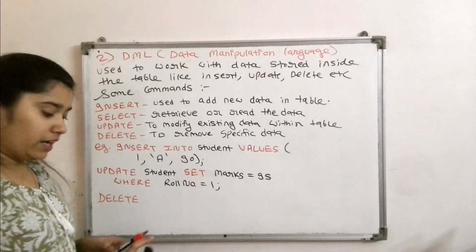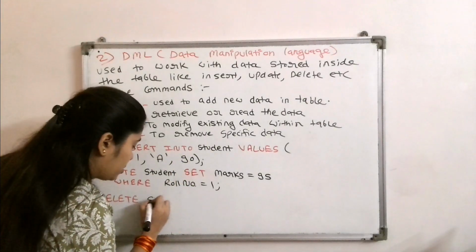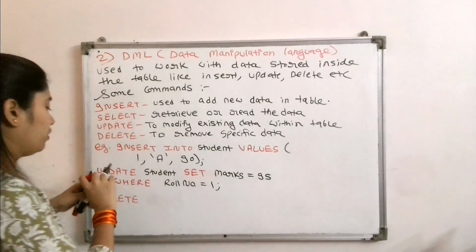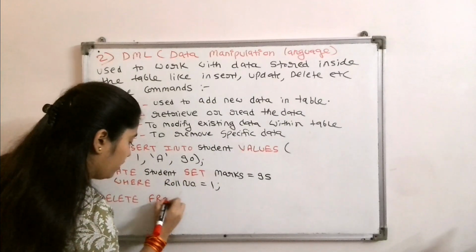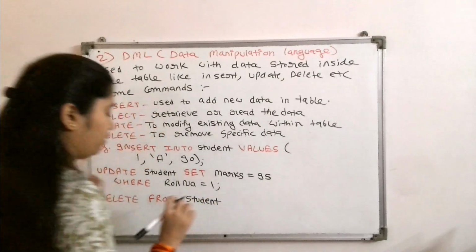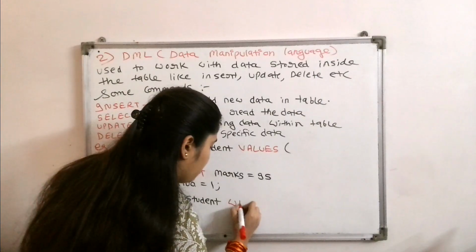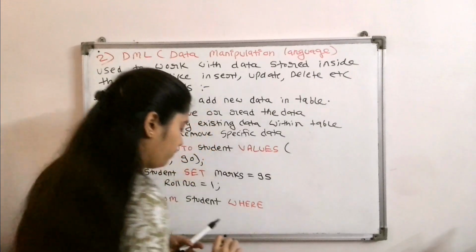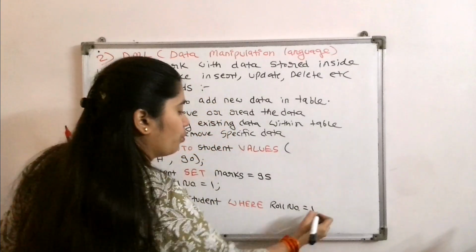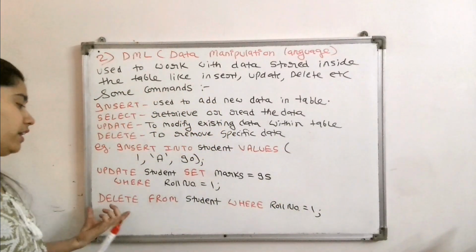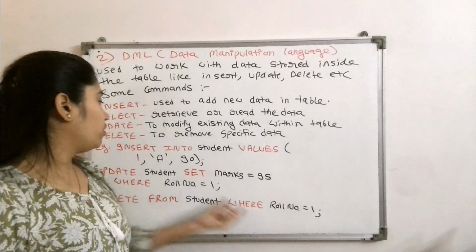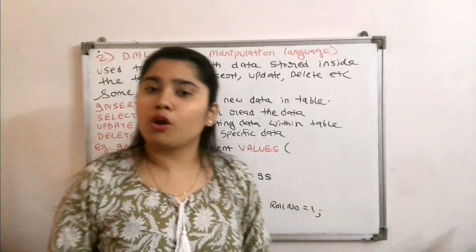First of all we will write DELETE, then the table name: DELETE FROM student, then WHERE roll number is equals to 1. So this is our delete query. We write delete from, then the table name, and where we want to remove roll number 1. I hope you are clear.